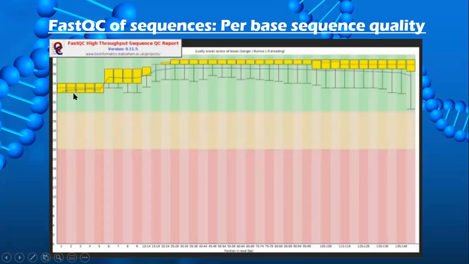And the score can be divided into very good quality scores, that's if these yellow bars are present in the green zone and the Phred score is more than 30; calls of reasonable quality, where these yellow bars are present in the orange zone, and the Phred score is between 20 and 30; and calls of poor quality, where again these will be present in the red zone, and the Phred score is less than 20.